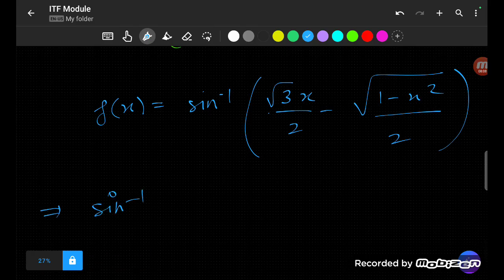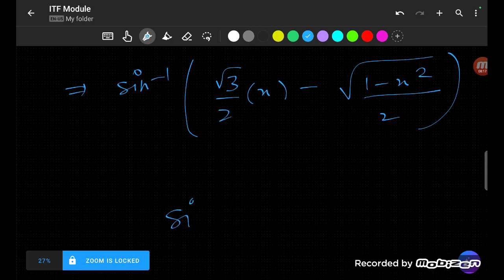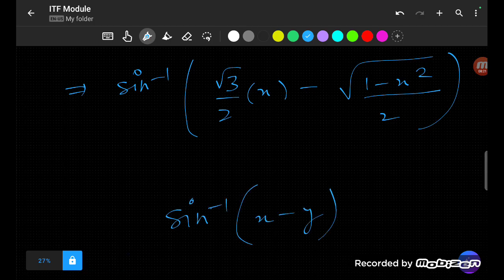it is inside the sine inverse, root 3 by 2, so I don't have any way to break it out. I could maybe simplify it.